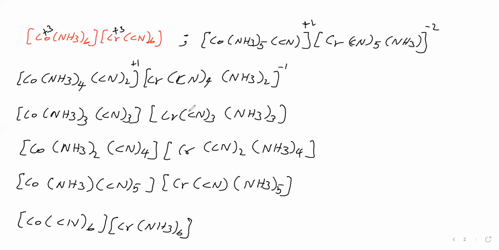Here two compounds are there. We cannot say it is cation, it is anion, because the net charge of the complex is 0 here. Therefore, it is one complex compound.